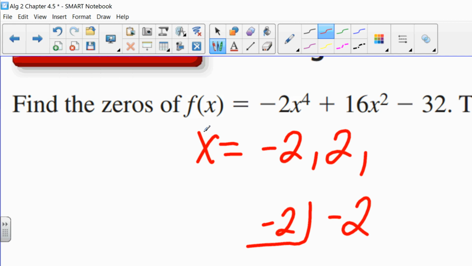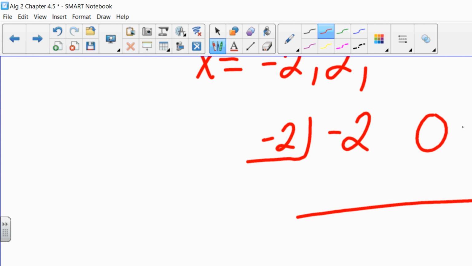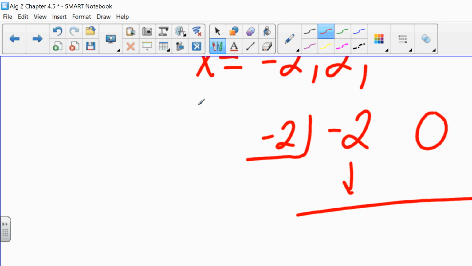So we would have negative 2 for x to the 4th, 0 for x cubed, 16 for x squared, 0 for x, and negative 32. Drop down the negative 2. Negative 2 times negative 2 is 4. 0 plus 4 is 4.